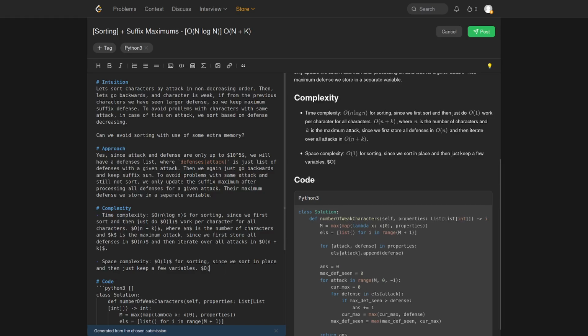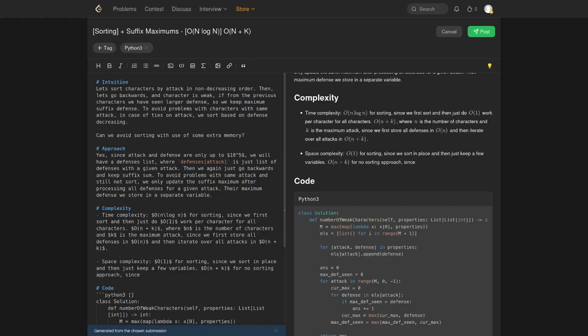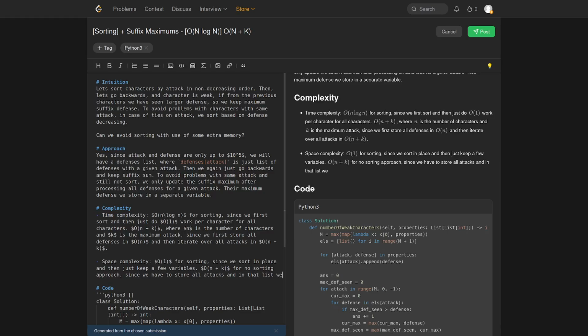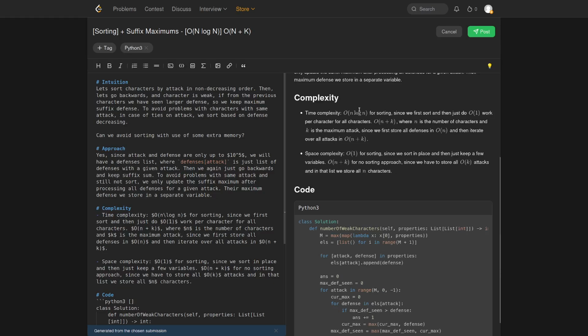And O(n plus k) for the no-sorting approach, since we have to store all attacks, and in that list we store all characters.